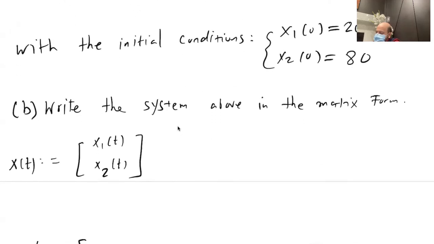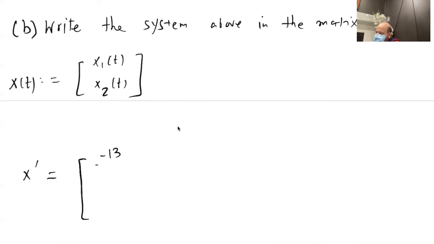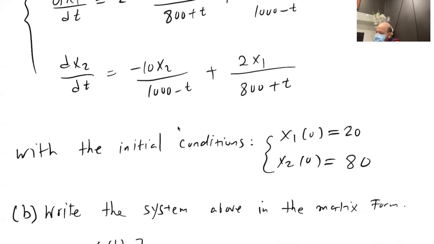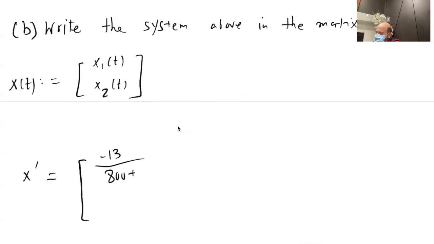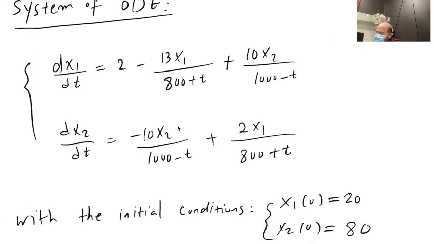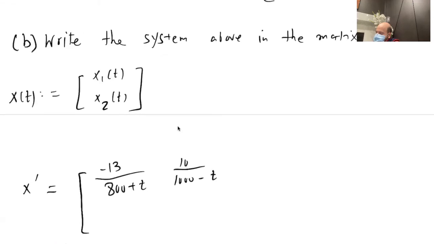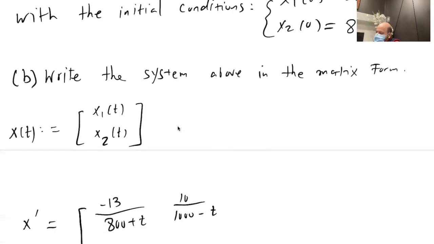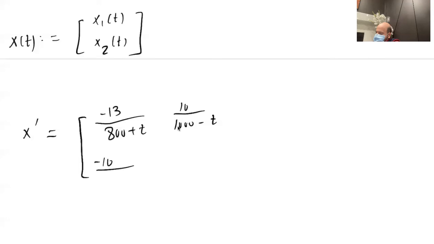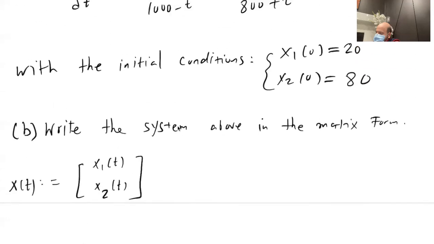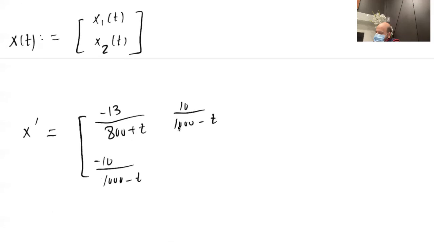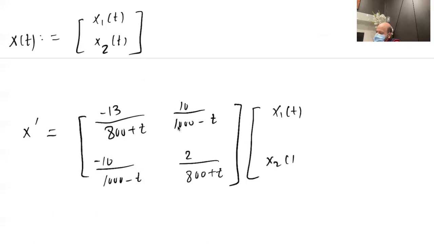So minus 13 divided by 800 plus t, and 10 over 1000 minus t, and here minus 10 over 1000 minus t, and then 2 over 800 plus t, times x1 of t, x2 of t.